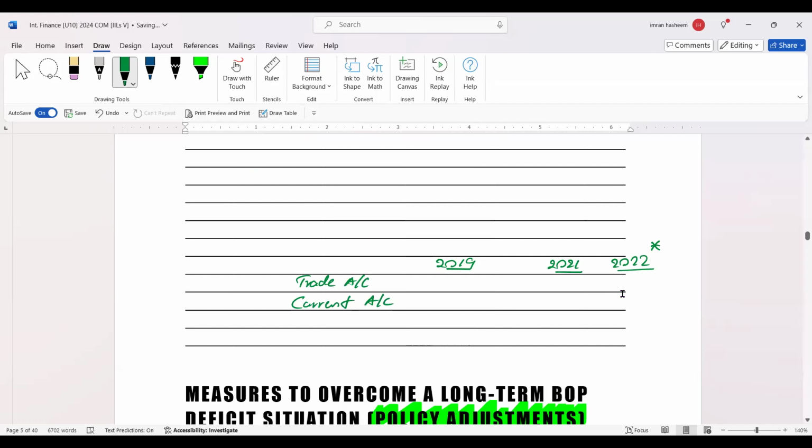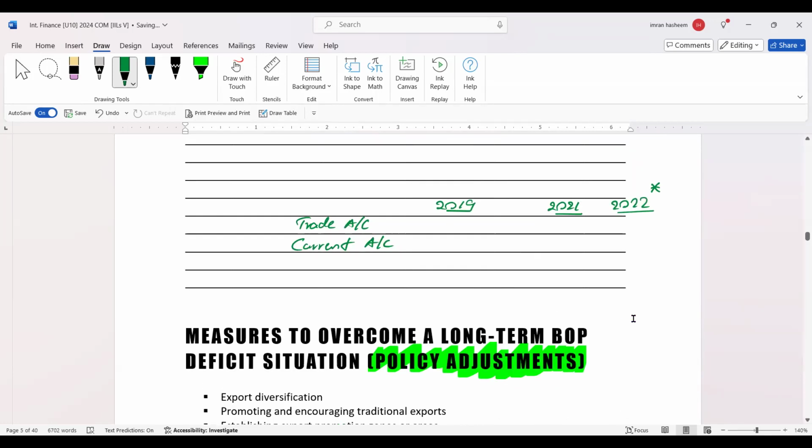You can find this in the bank report, chapter 5. Are we okay there? Quickly. Okay, done.